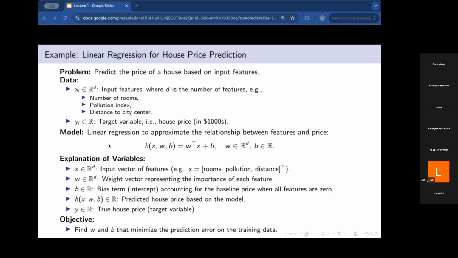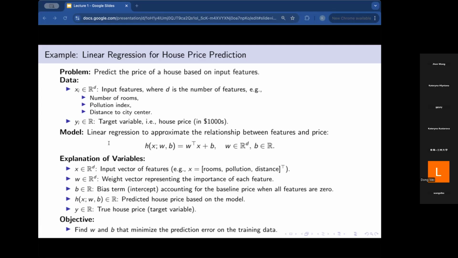Examples of these features include the number of rooms, pollution index, and the distance to the city center. The target variable denoted as y_i represents the house price in thousands of dollars. And we use a linear regression model to approximate the relationship between these features and the price.